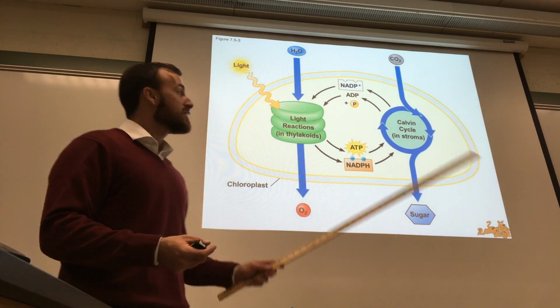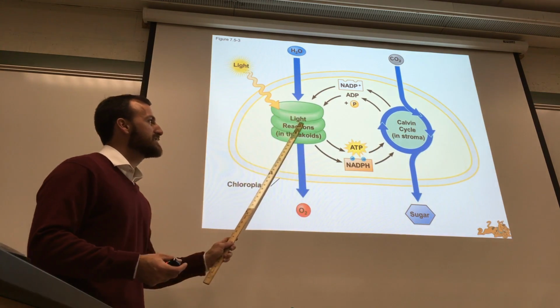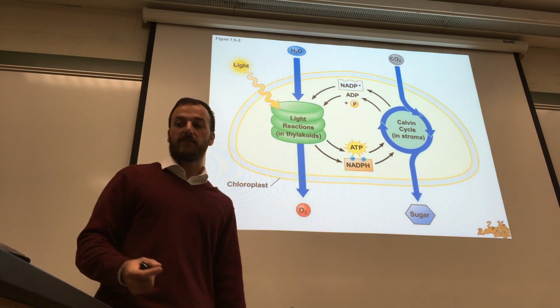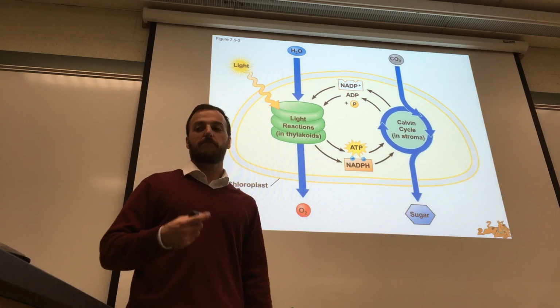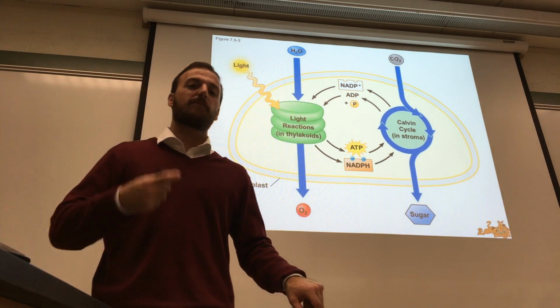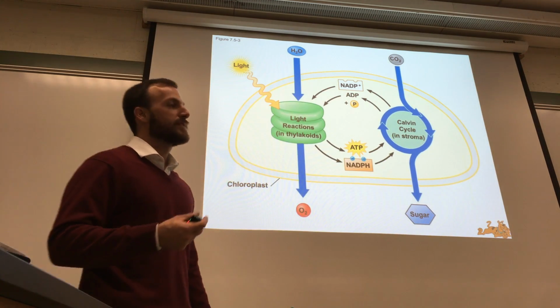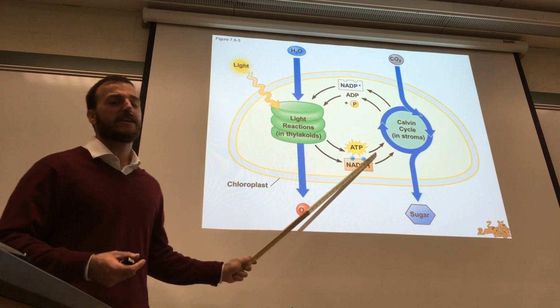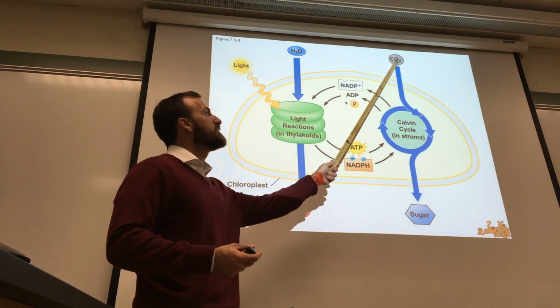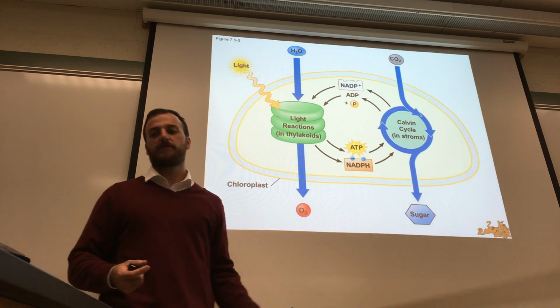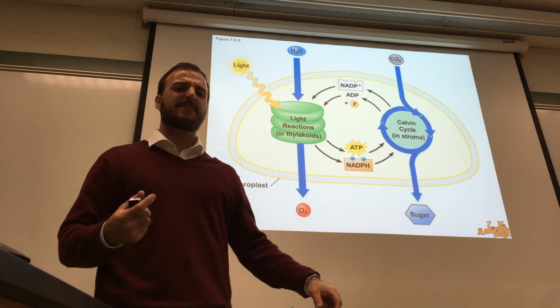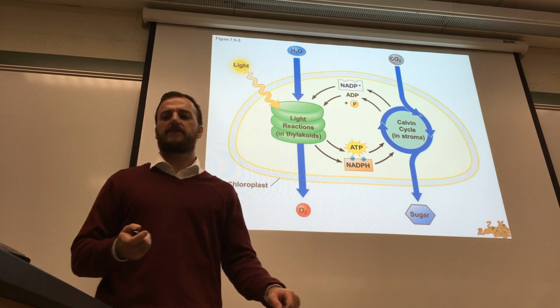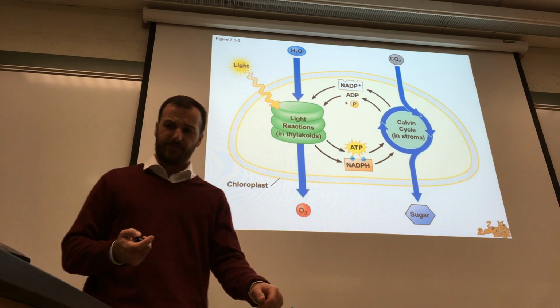Again, take note, light reactions as symbolized by these disks are taking place in the thylakoid. The Calvin cycle is taking place in that thick, syrupy fluid in the stroma. Now, ATP and NADPH are not the only inputs into this process, but CO2 is also going to be used. And that's significant for a particular reason that I'll get to in a few minutes here.